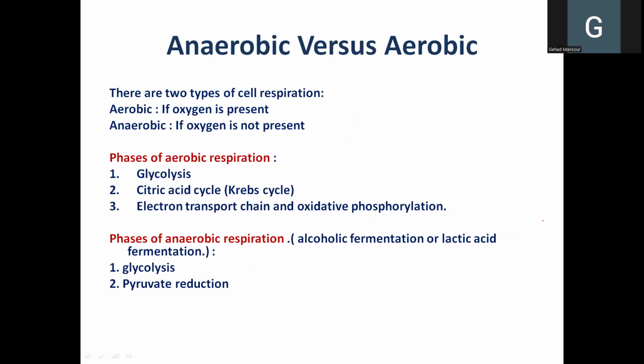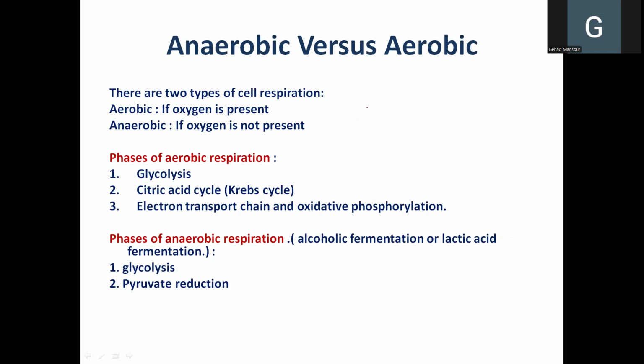As we have said several times before, there are two types of cellular respiration. We have the aerobic cellular respiration when oxygen is available, and the anaerobic cellular respiration if oxygen is not present.